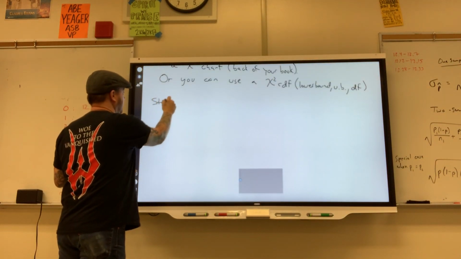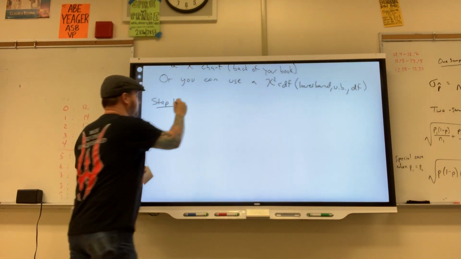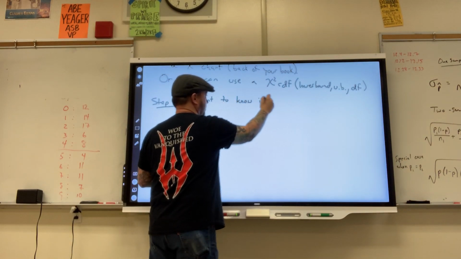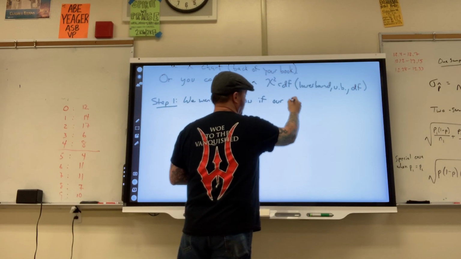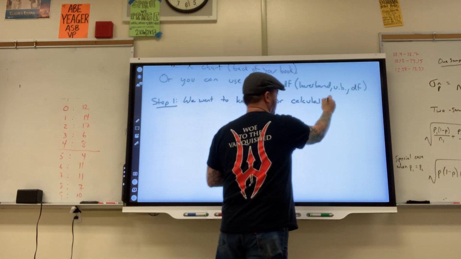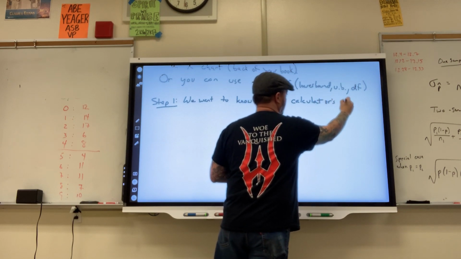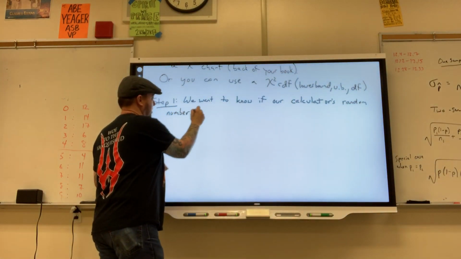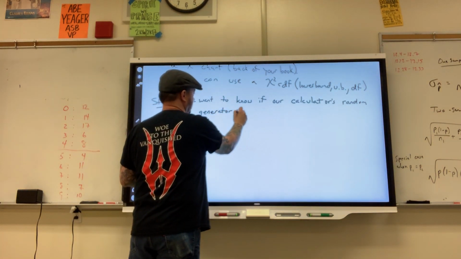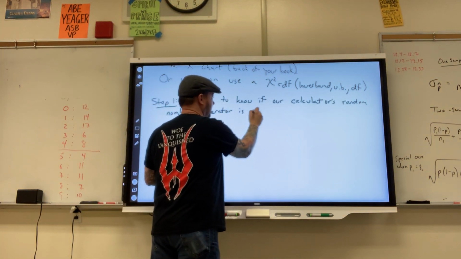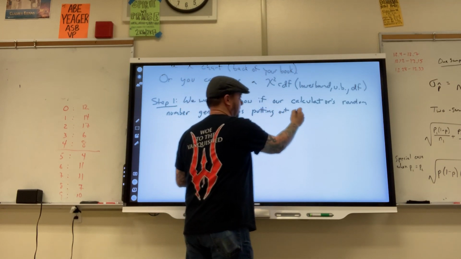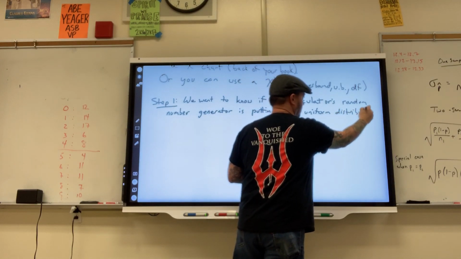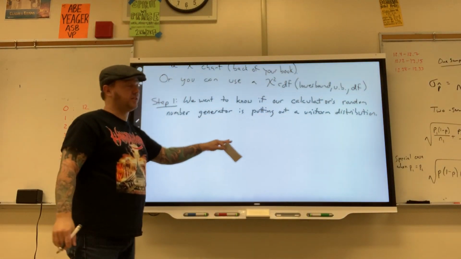Step 1. What do we want to know? We want to know if our calculator's random number generator is basically putting out a uniform distribution, okay?